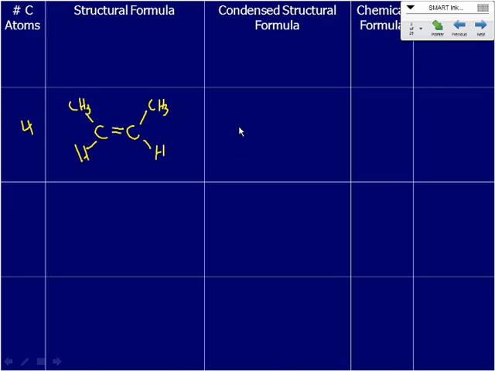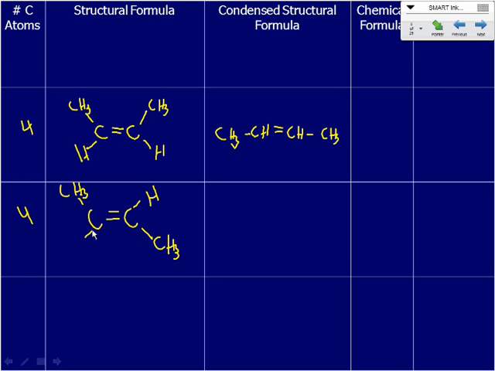Now, when you do a condensed structural formula, it's going to look exactly the same. This is going to be CH3, CH, double bond, CH, and then CH3. And if I do the other version, again, this is 4, C, double bond C. This time I'm going to put the CH3 up top, and I'm going to put the other CH3 down below, CH3.